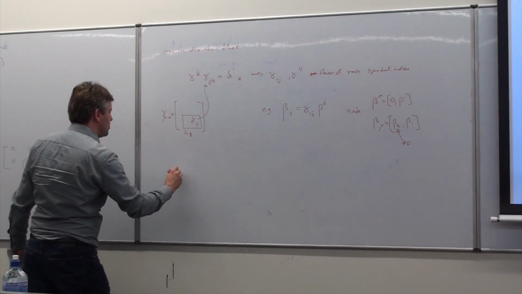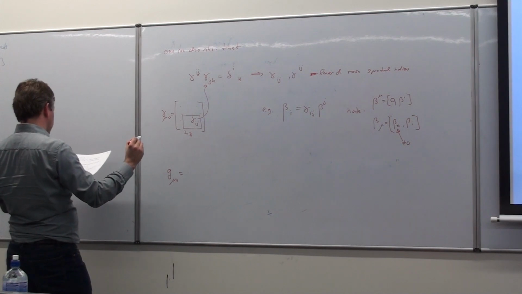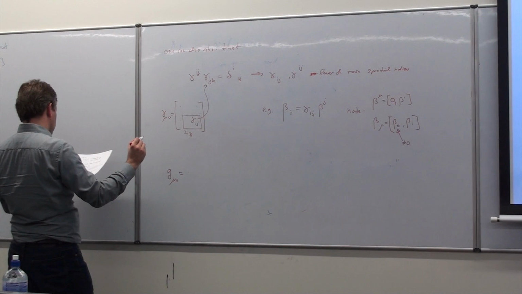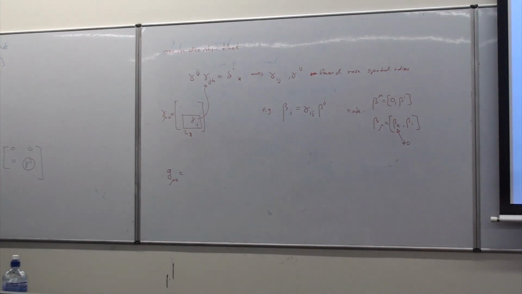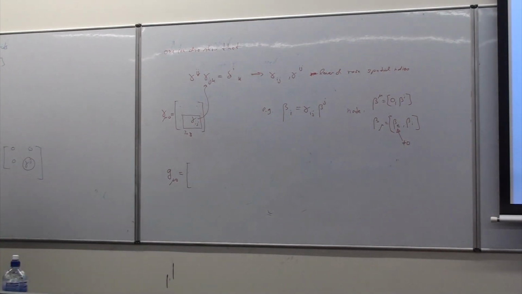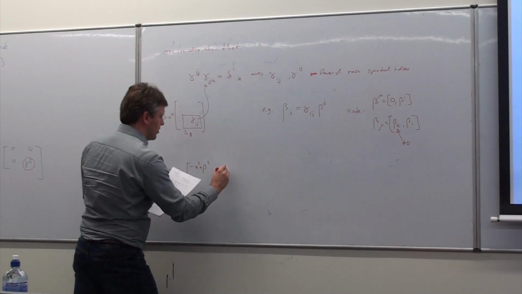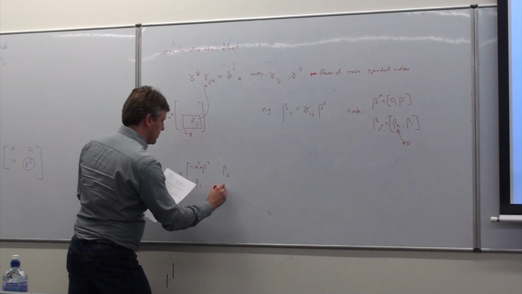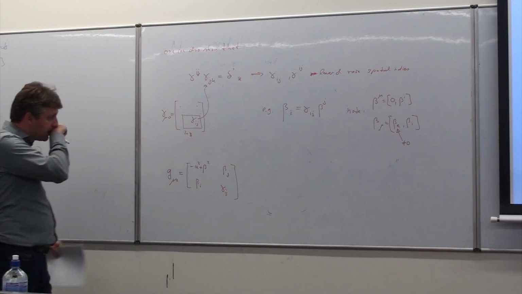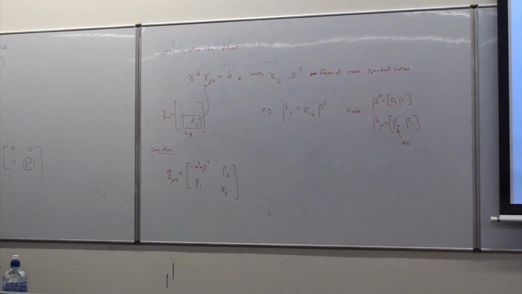So the space-time metric G mu nu, how do I have this with lower indices, is minus alpha squared plus beta squared, beta j, beta I, gamma ij. And showing this takes about 3 to 4 lines of algebra. It's not a particularly hard calculation.